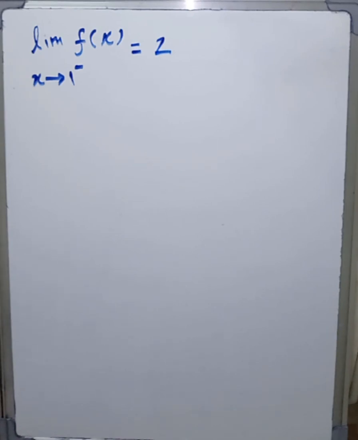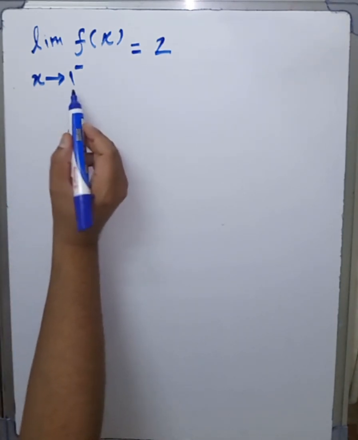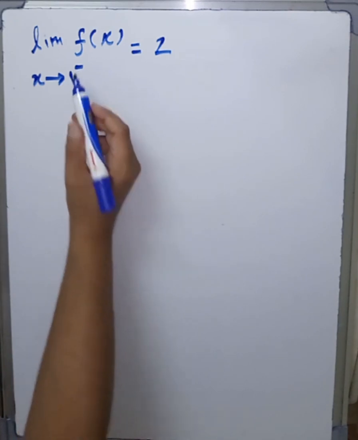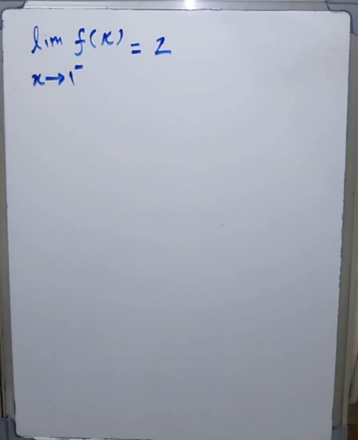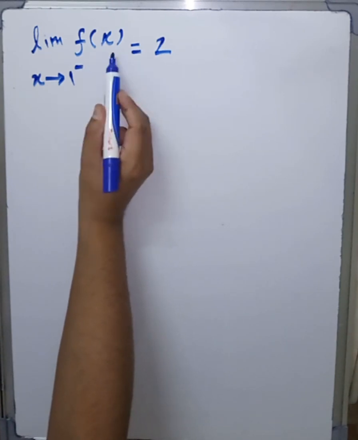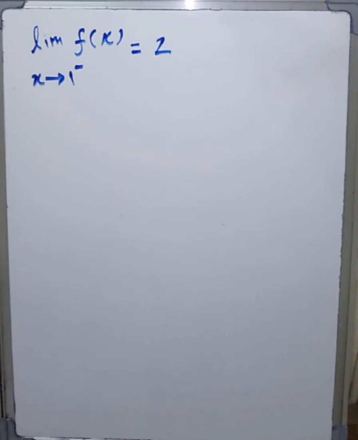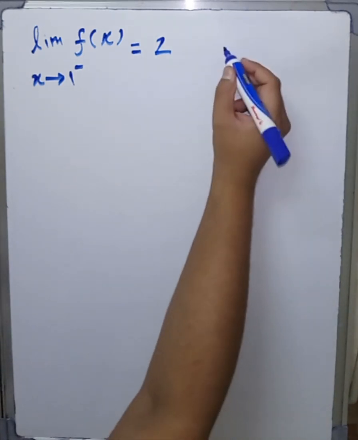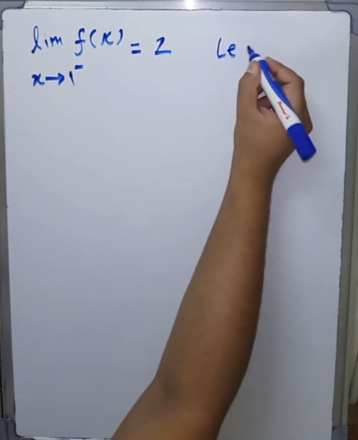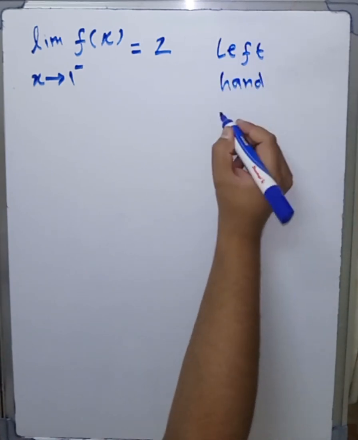Let us revise the meaning. The meaning is, as x approaches 1 from the left side, the value of the function f(x) will approach 2. This limit was called the left hand limit.